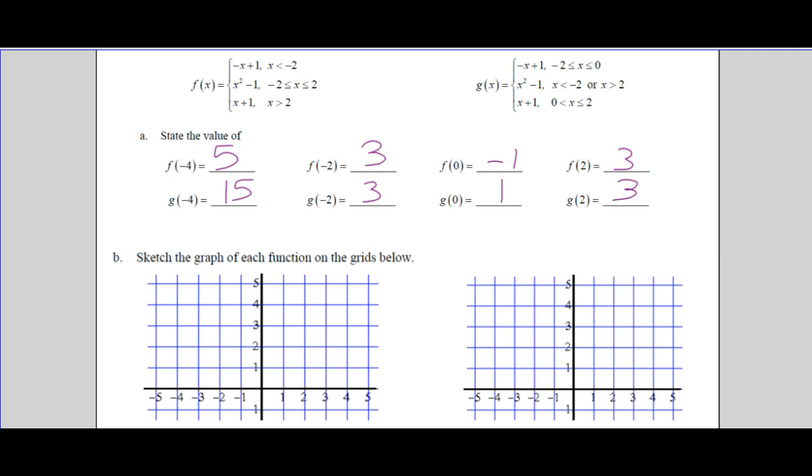Okay, so, what does it say below? No, nothing much. All right, so F of -4 is 5. F of -2 is 3. F of 0 is -1. And F of 2 is also 3.